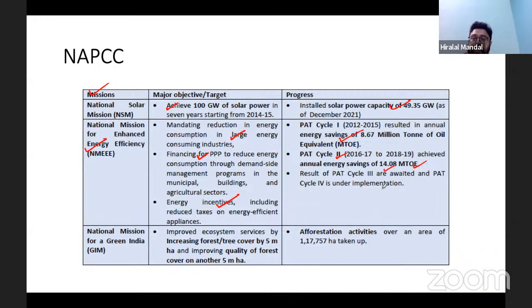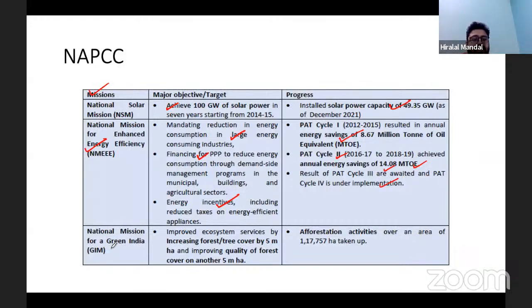Now the result of PAT 3 is awaited, and PAT 4 is already under implementation. So we are growing, and we are able to save a huge amount of energy by making various efforts to ensure energy efficiency in the country.